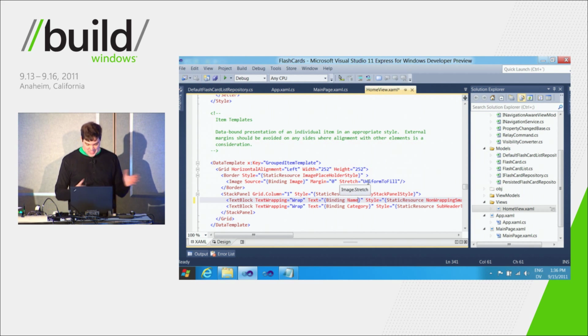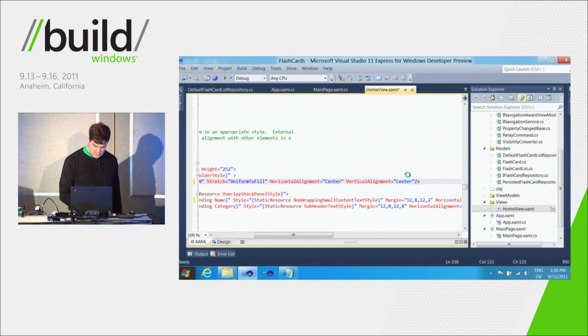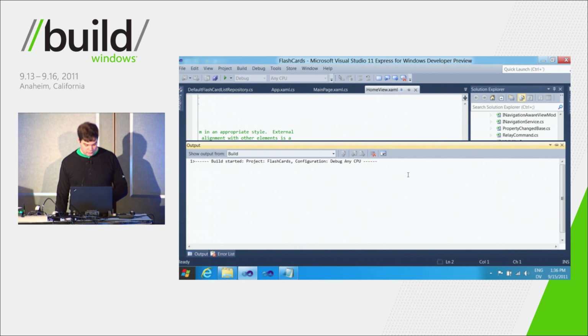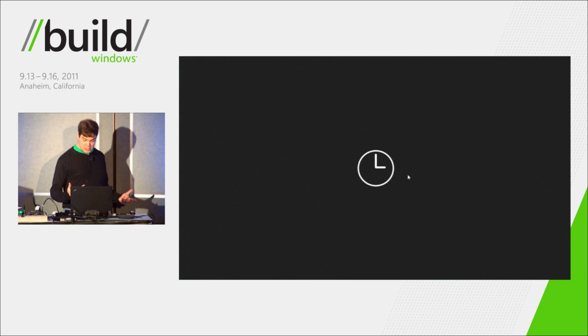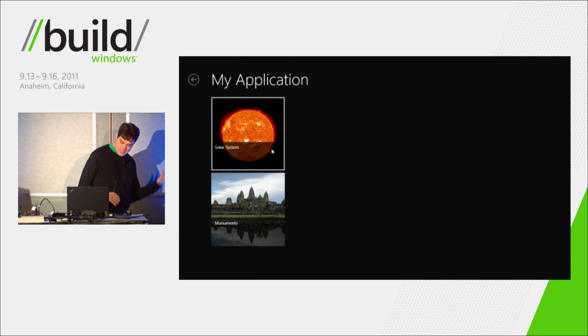And then the images weren't centered. We're using this uniform to fill stretch. So let's center it. Horizontal alignment equals center, vertical alignment equals center. Okay. So running it now, we should see some centered images and some text that tells us what these flashcard lists are.